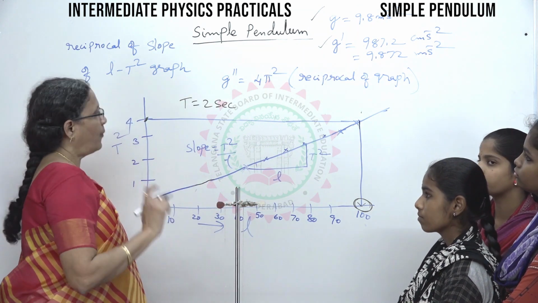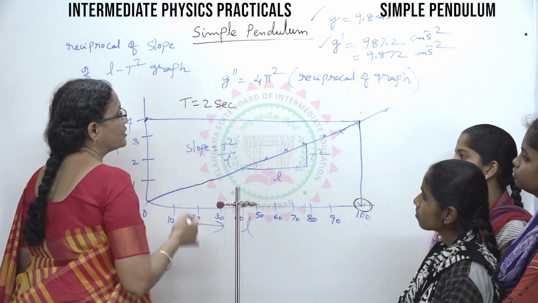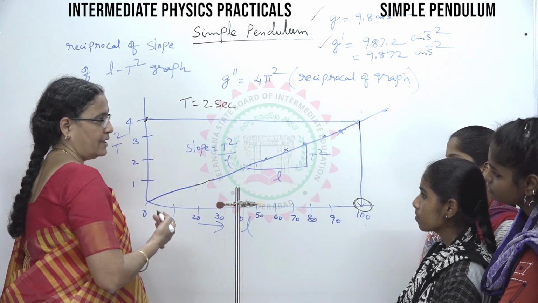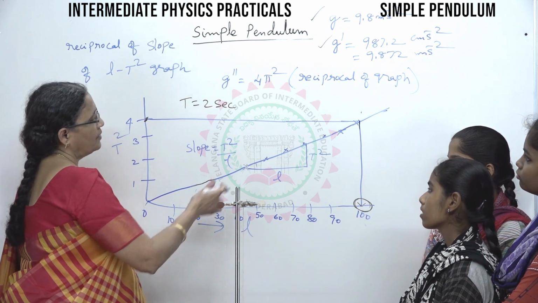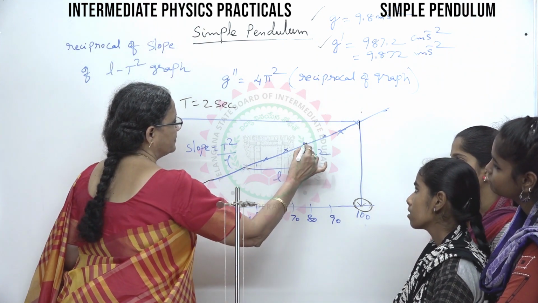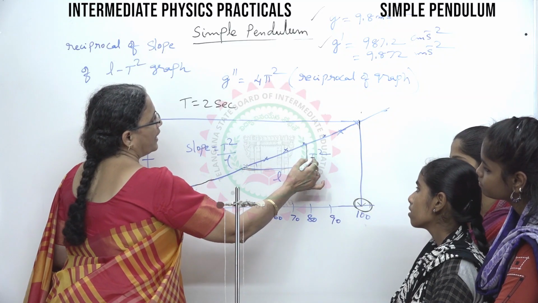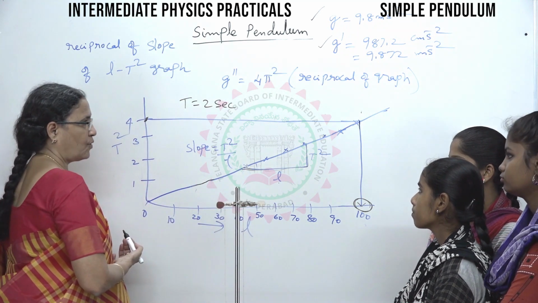Now what we have done is, the standard value g, from calculations we took as g', and we drew the graph. One more point remains: from the slope of the graph drawn between L and T square, how do you calculate acceleration due to gravity? Anywhere in the graph, you just draw a line and then you take the y coordinate by the x coordinate.